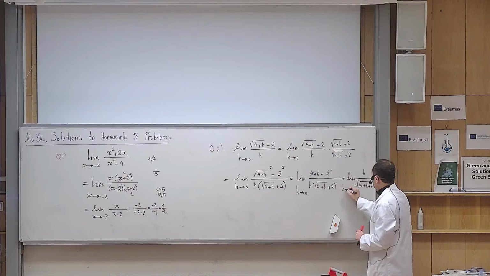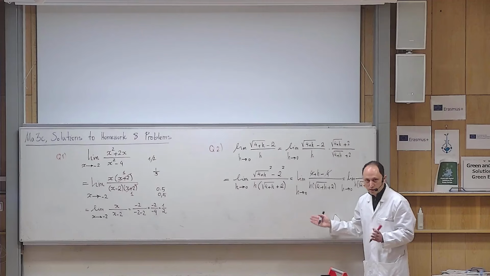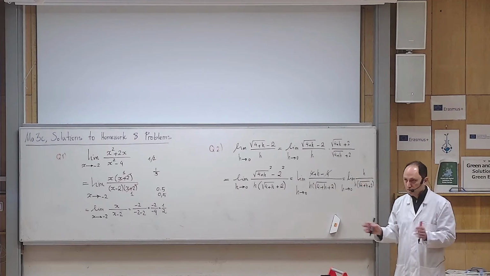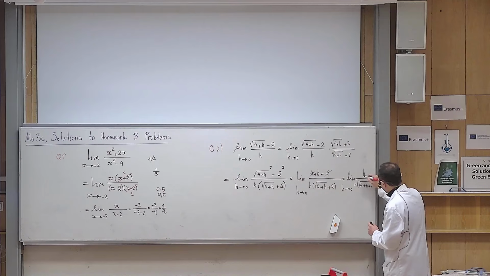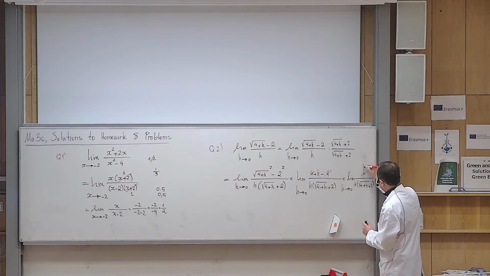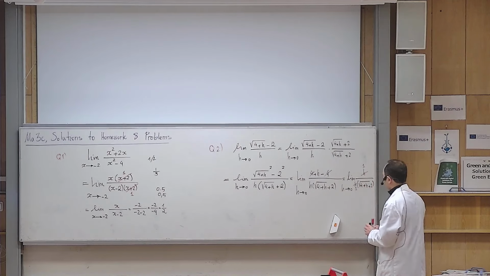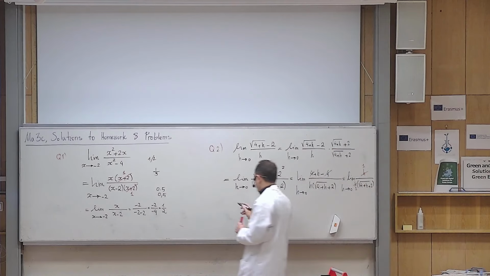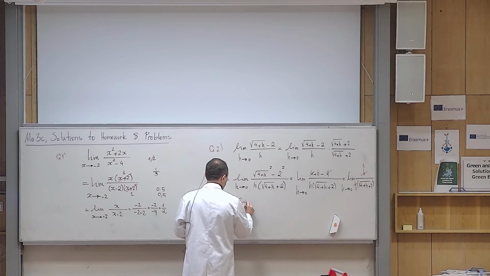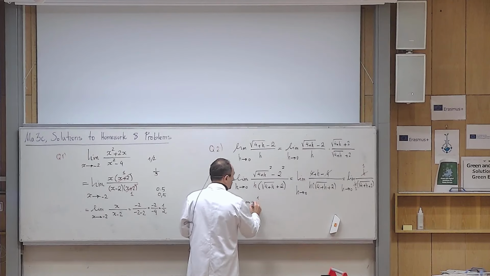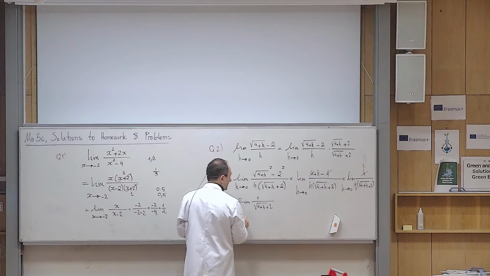So far nothing has been simplified from the numerator and denominator, so the problem is still standing. But now these h's are gone, so this one and that one are left. Let me write it once more. This becomes the limit of 1 over square root of 4 plus h plus 2, as h goes to 0.